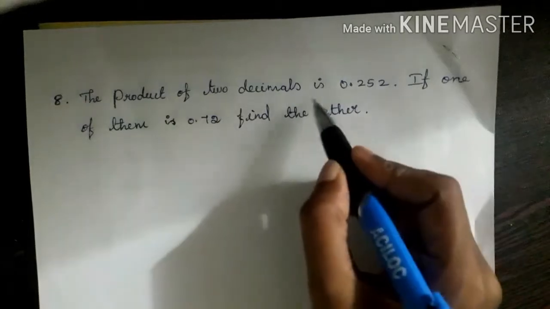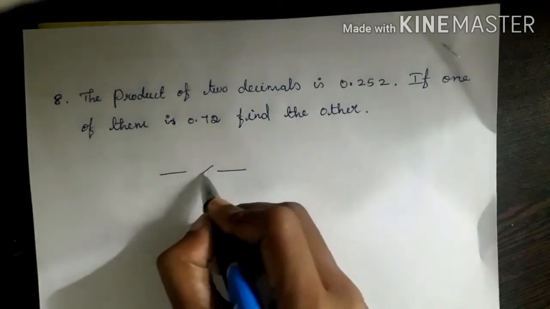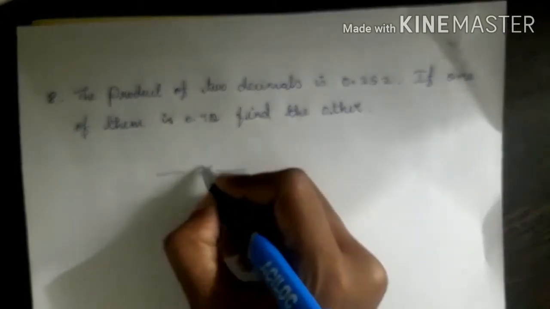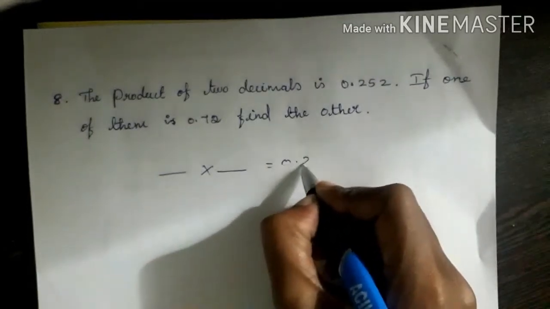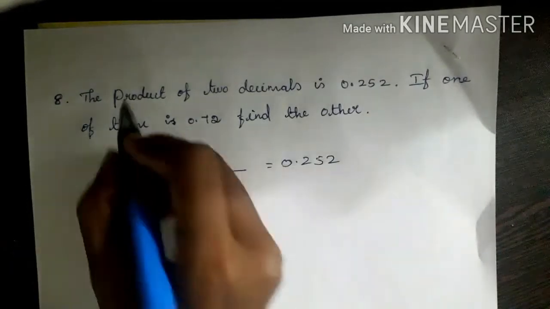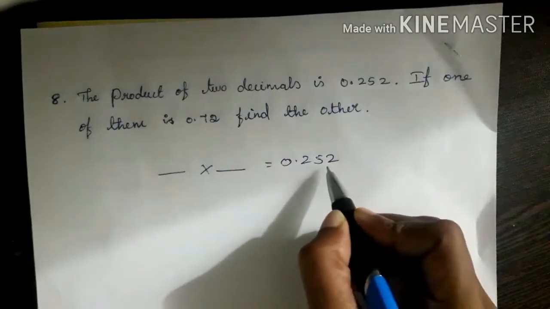The product of two numbers. The product means multiplication. We don't know what the numbers are. The product of two decimals is 0.252.